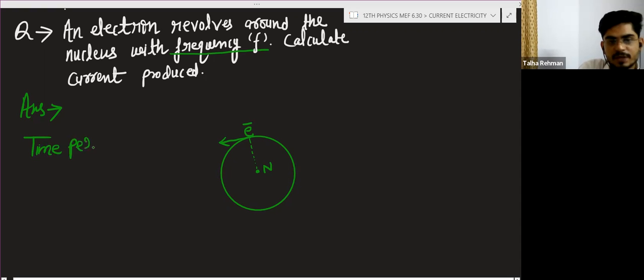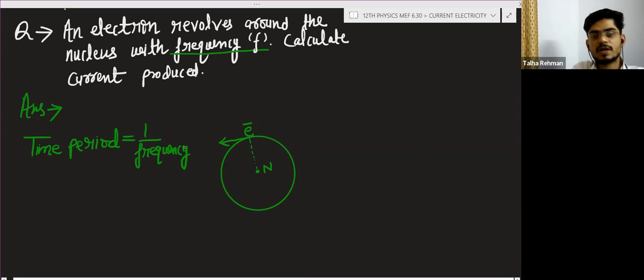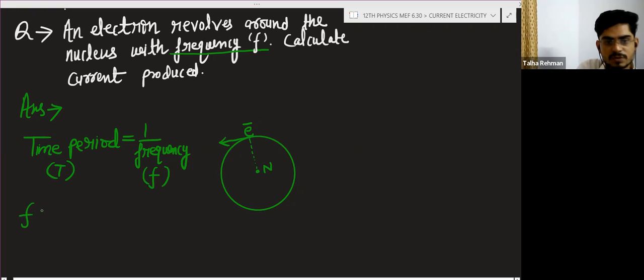And time period is 1 upon frequency. Frequency is given as f. So I am representing time period with T and frequency with f. So I can write f is equal to 1 by T, or T is equal to 1 by f.